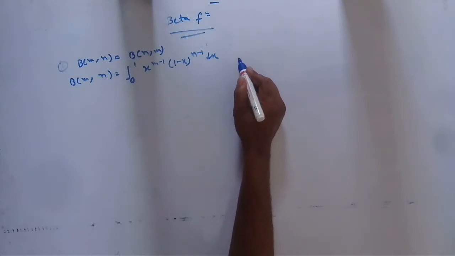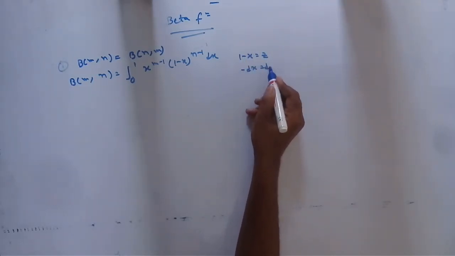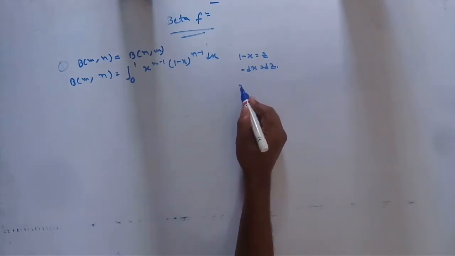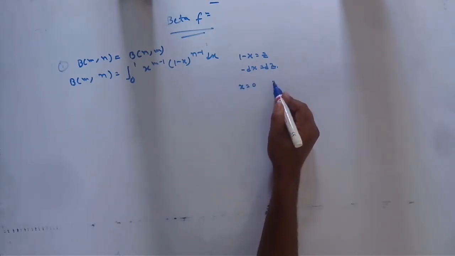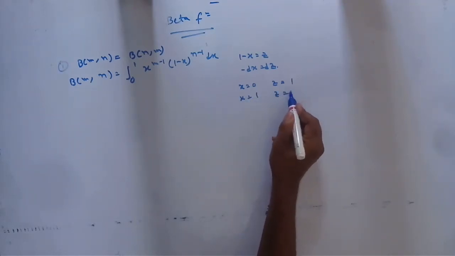Now if we put 1 minus x equal to z, then minus dx equal to dz, and when x is equal to 0, z will be 1, and when x is 1, z will be 0.